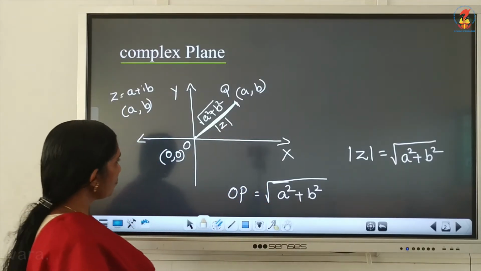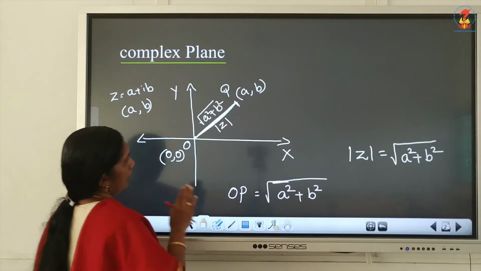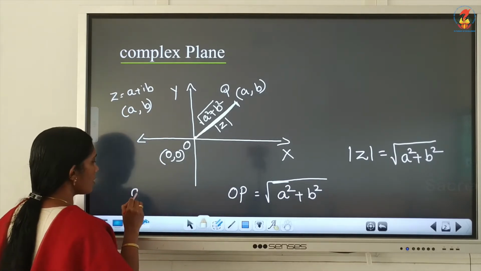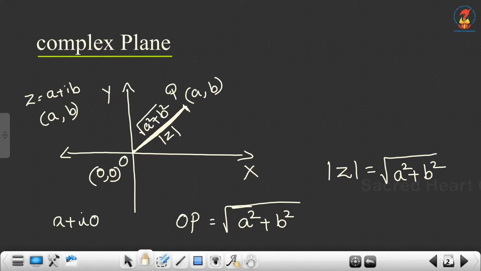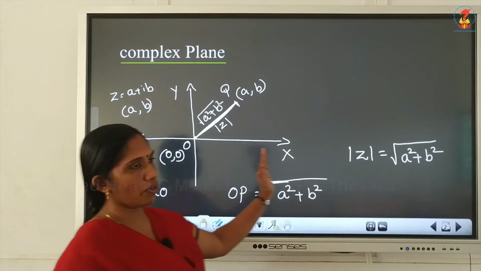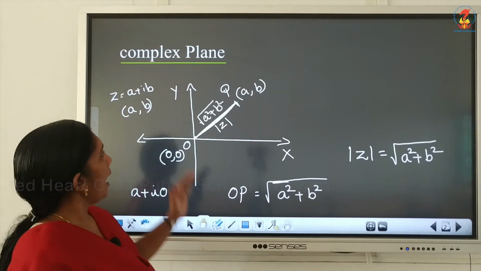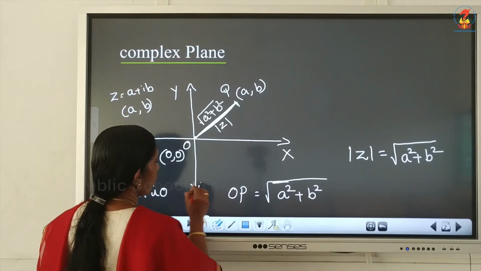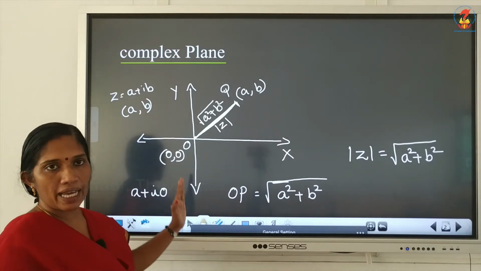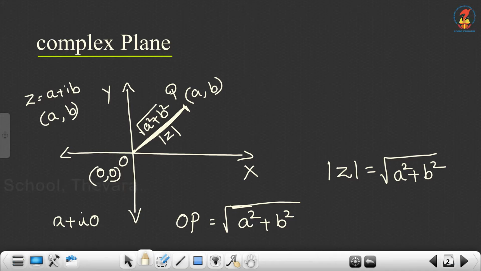Now this x-axis, the complex number is of the form a plus i0. That is, all the points on the x-axis are of the form a plus i0. That is, imaginary part is 0, only real part. So this axis is known as real axis, and the imaginary axis is the y-axis, because all the points on this y-axis are of the form 0 plus ib.